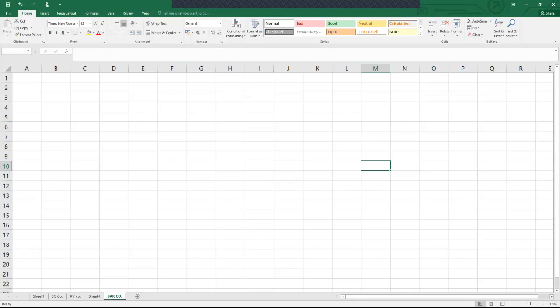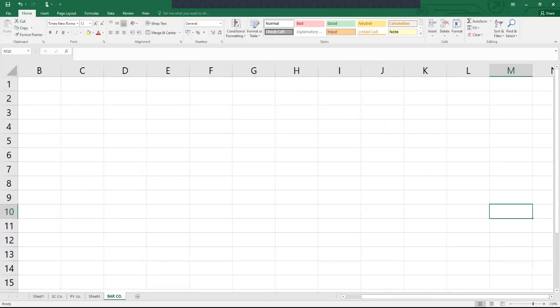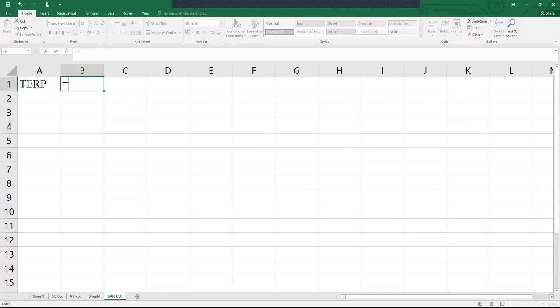Let me expand these. Okay, there we go. So we know the heading, to get the theoretical exercise share price. Theoretical exercise share price, very simple one. So first determine how the offer is going to be made. The offer being made here is the one.